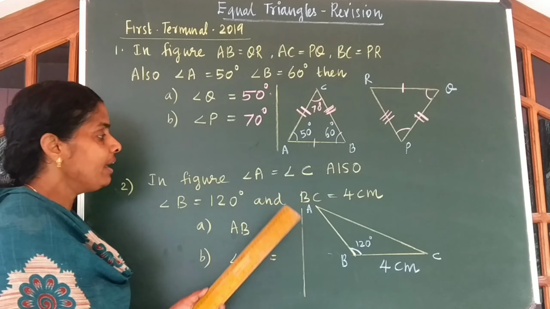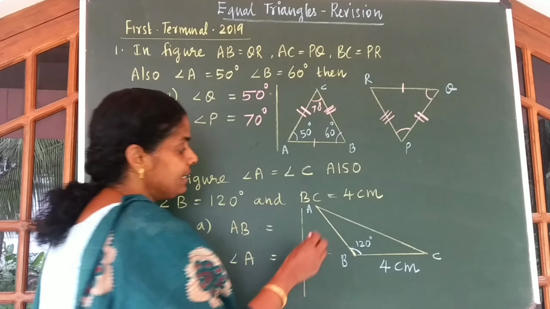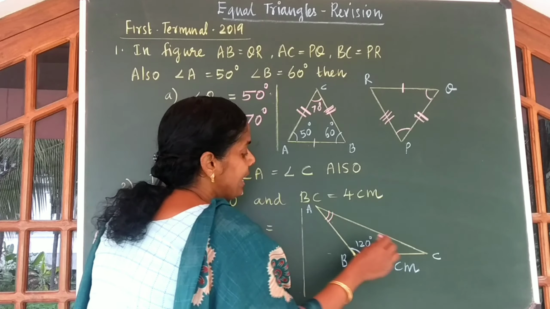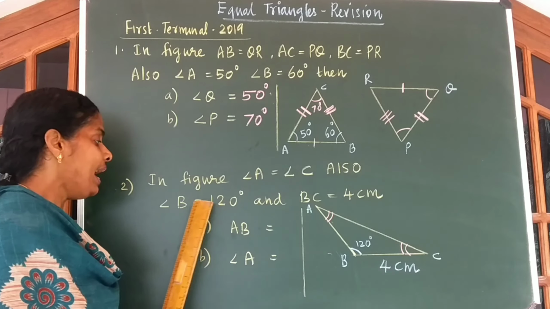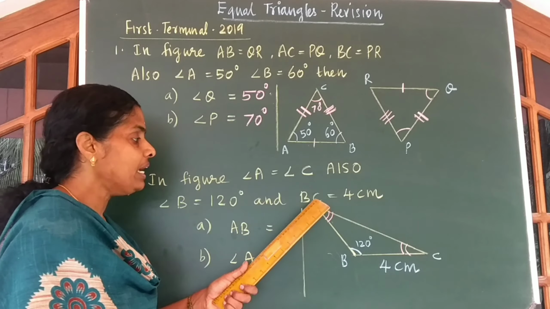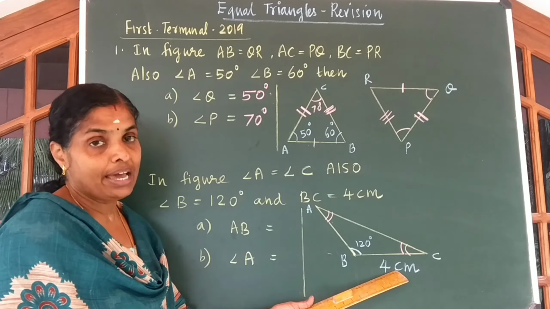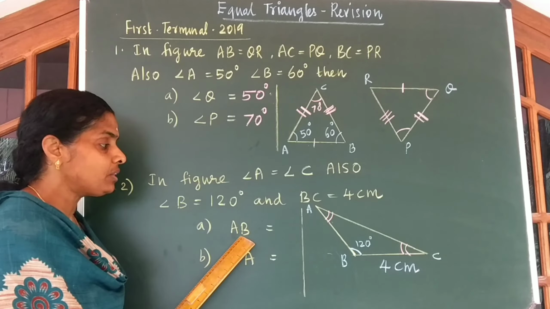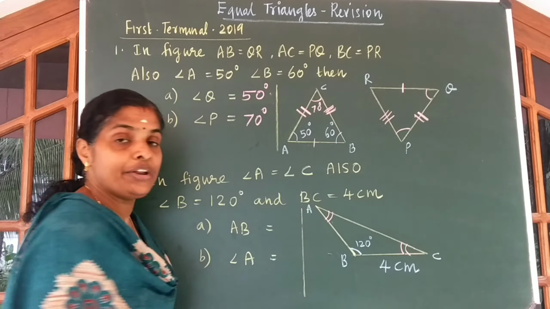In the figure, angle A is given to be equal to angle C. That is, these two angles are given to be equal. Also, angle B is equal to 120 degree and BC is given as 4 centimeter. We are asked to find the length of AB. Now, what is the length of AB, children?